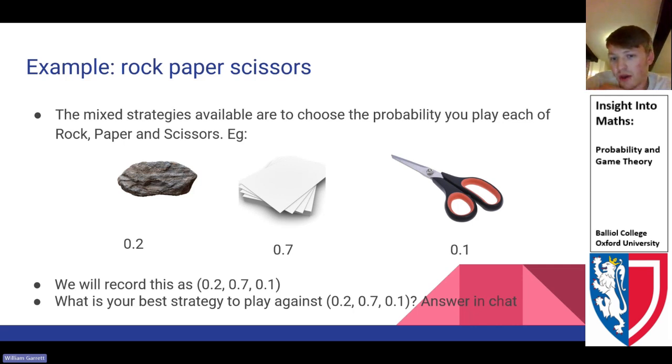So if we're saying 1 point for a win, minus 1 point for a loss, my question is, what is the probability we win, what is the probability we lose, and what is the probability we draw in this game?